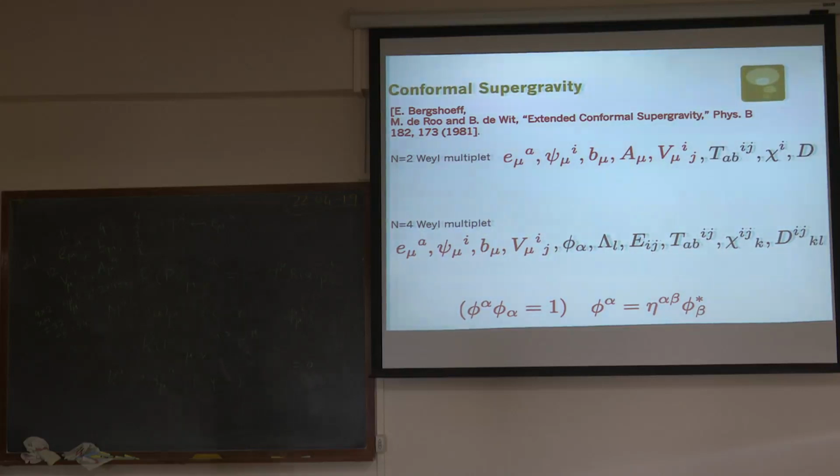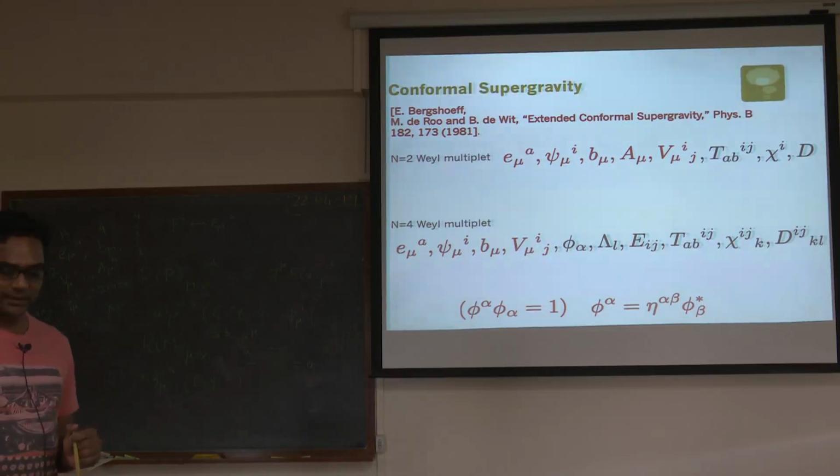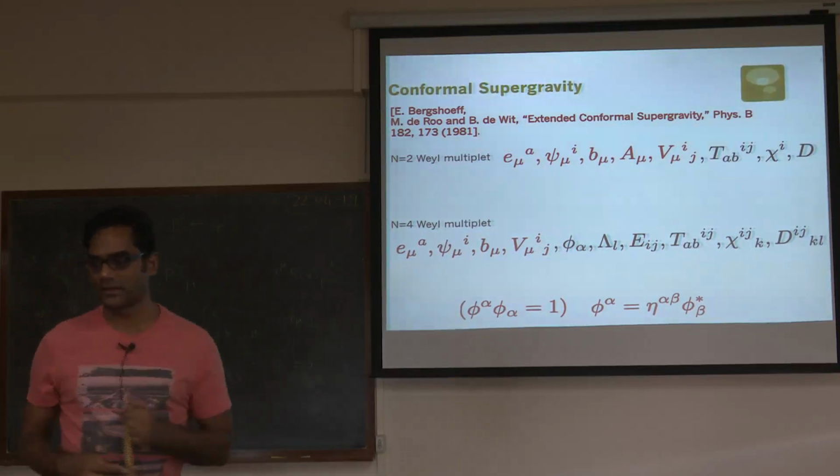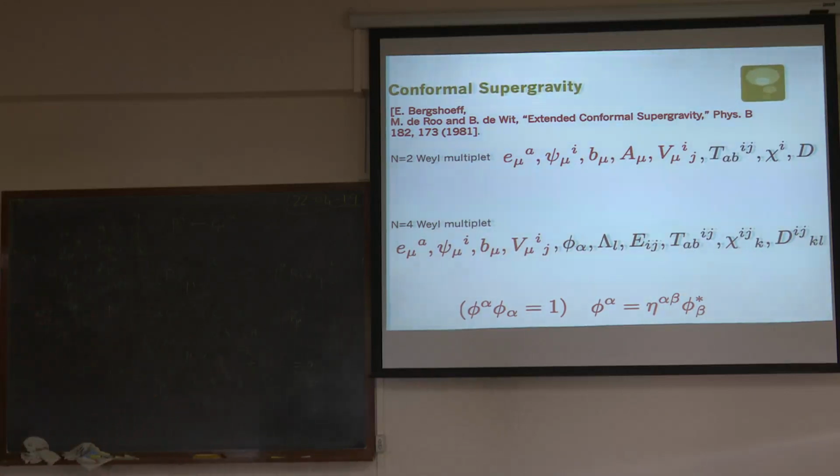Okay. So, what you get is basically a Weyl multiplet, and once you obtain the Weyl multiplet, what you get from here is conformal supergravity. So, you need to gauge fix some of these symmetries to go from conformal supergravity to Poincare supergravity. To do this, you need to couple some additional matter fields to conformal supergravity, because when you gauge fix certain symmetries, then your number of symmetries goes down, right.